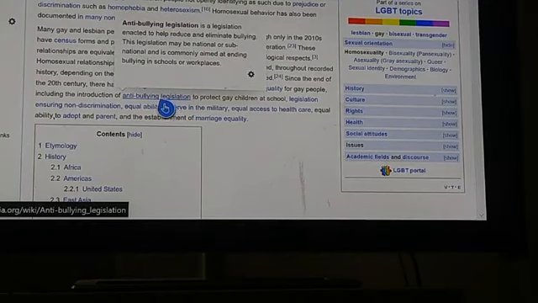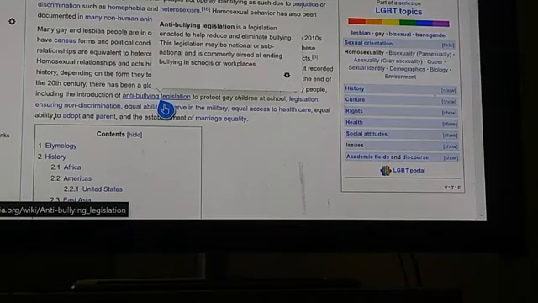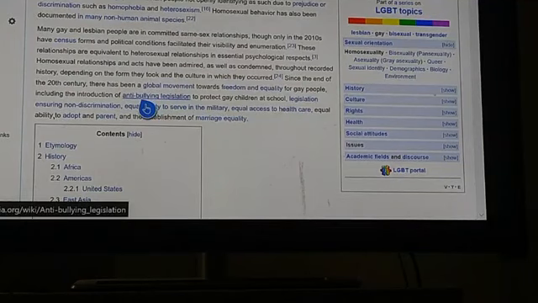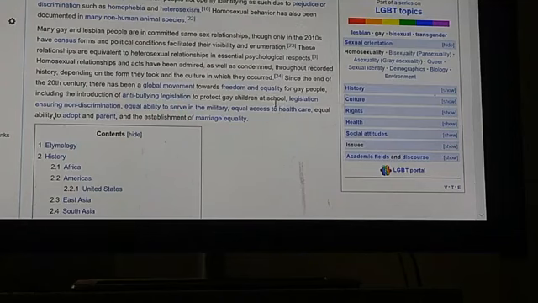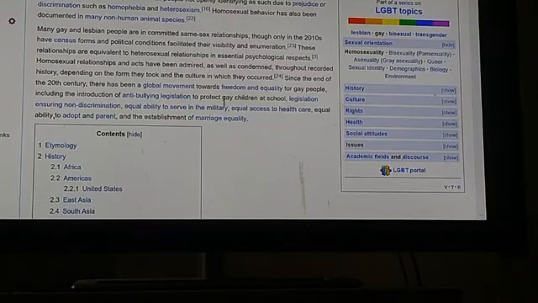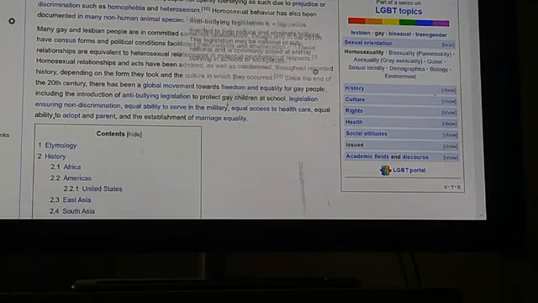You see that? Now it's become law, legislation, right? To protect gay children at school. But why would you need to protect a gay child from school? You should be protecting that gay child from home, because at home, their environment is being conditioned to allow them to go against their self.